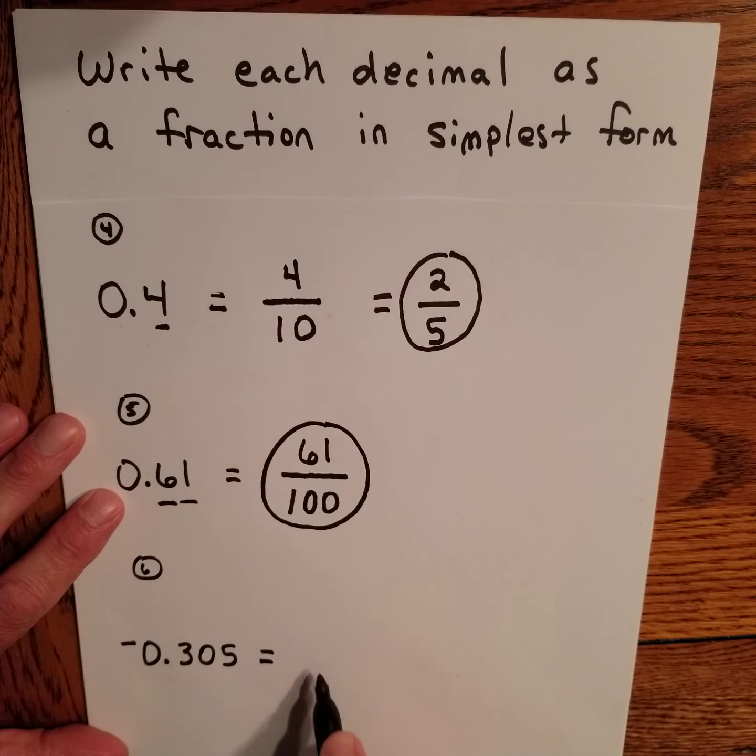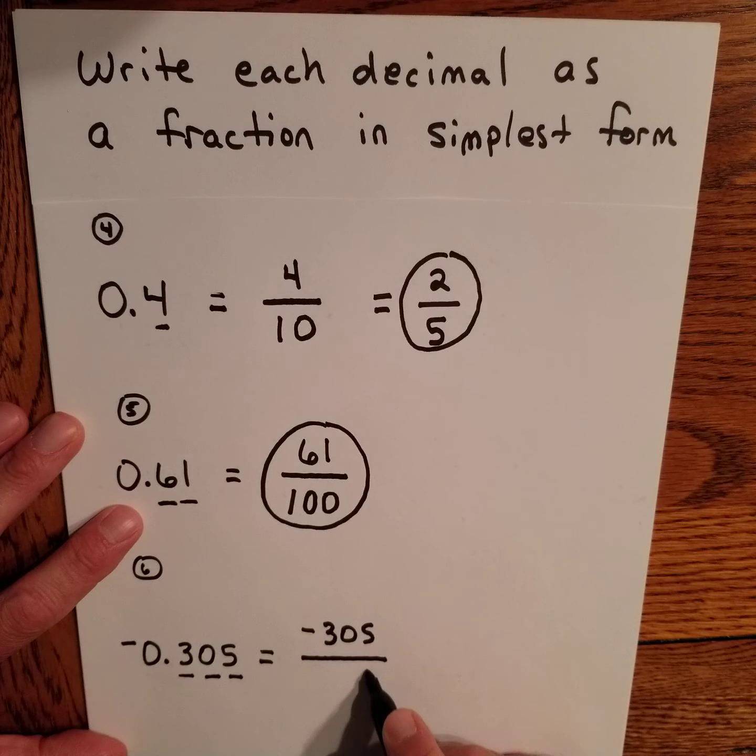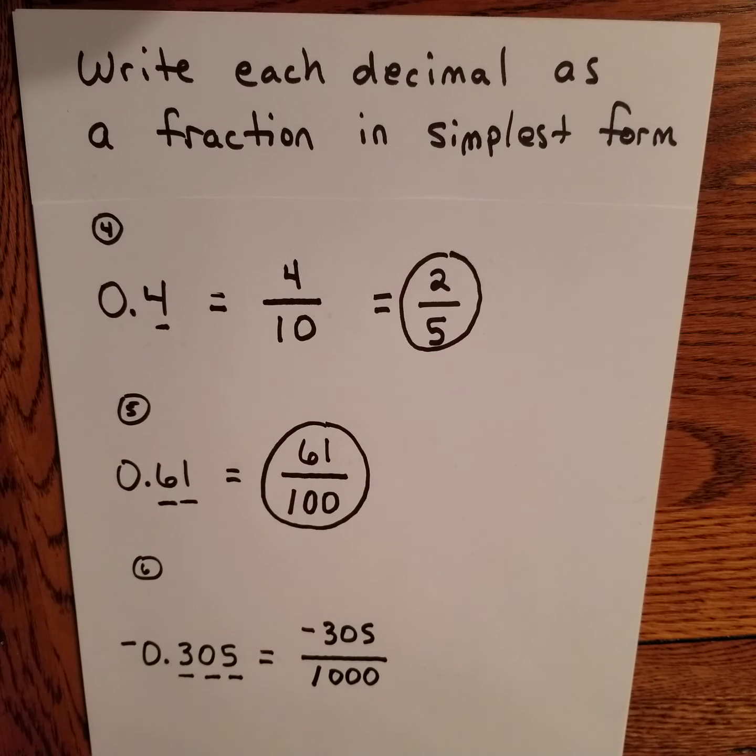On number 6, I'll put the 305 in the numerator. It's negative. Now count the place values in the denominator. 1, 2, 3. That's 3 zeros in my denominator. Negative 0.305 is the same as negative 305/1000ths. Now reduce.